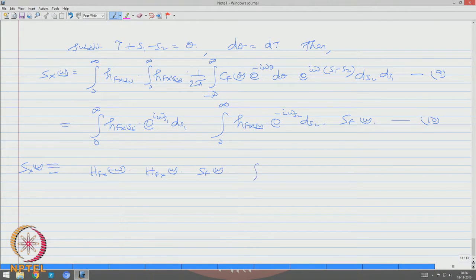This is due to the reason that e^(-i x) star is the same as e^(i x) and h_f,x(t) is actually a real function.